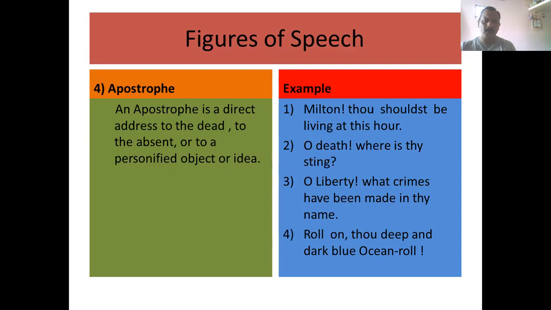But here the poet is imagining that they are human persons and the poet is directly addressing them. At that time it is called apostrophe. So we have seen the examples of apostrophe like this. An apostrophe is the direct address to the dead, to the absent, or to a personified object or idea.